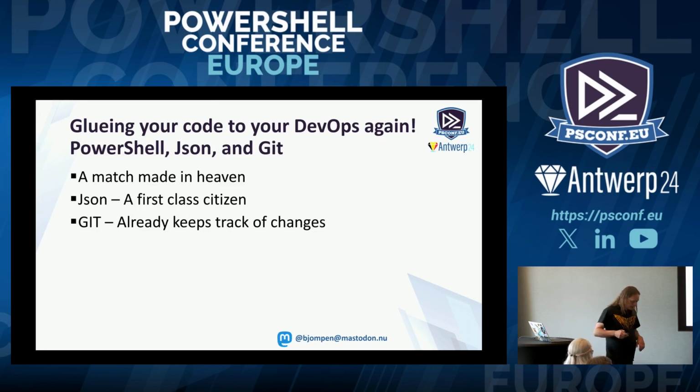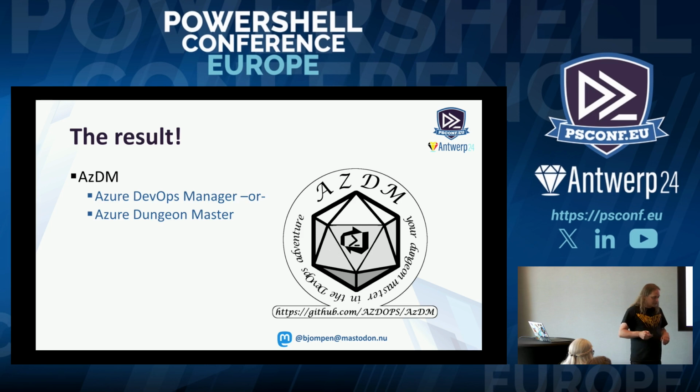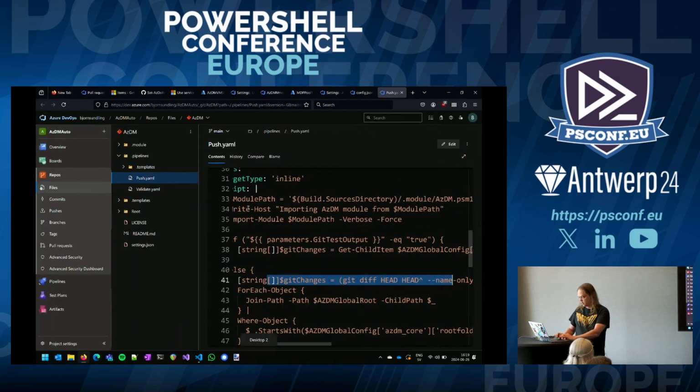And the end result is the AZDM, the Azure DevOps Manager or the Azure DevOps Dungeon Master. I haven't really decided on which one it should be, but this is a framework, basically PowerShell and a lot of templates and modules and helpers and other stuff going on that allows you to do stuff.